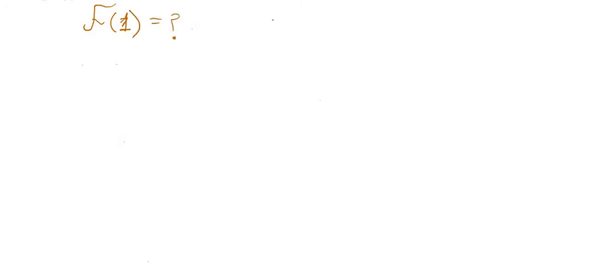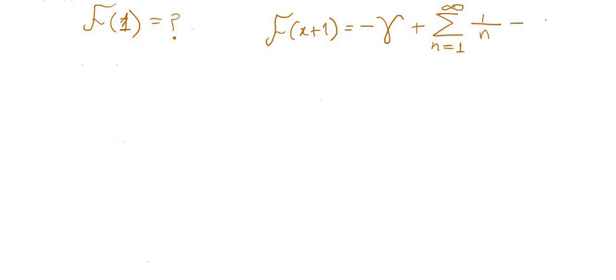Now the digamma function, it so happens, is defined by this formula, plus the sum from 1 to infinity of 1 over n minus 1 over n plus x. For the digamma of 1, we just need to substitute x as 0.